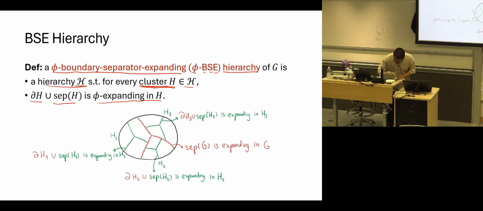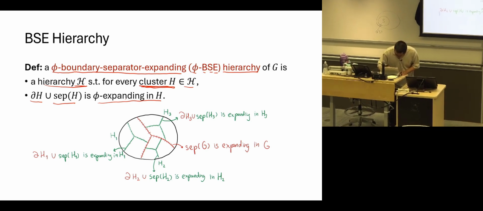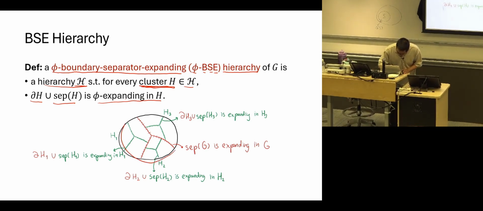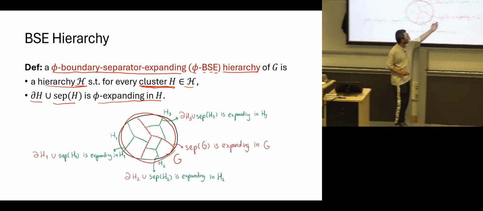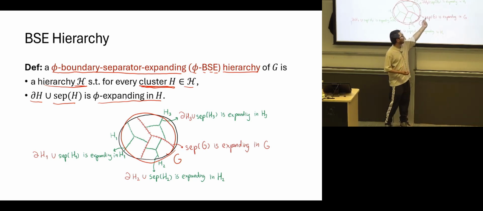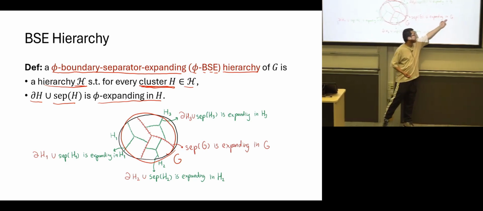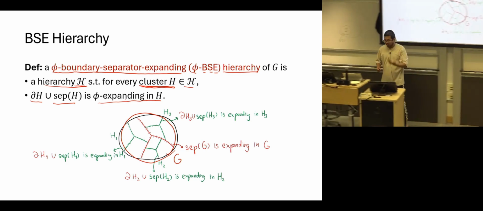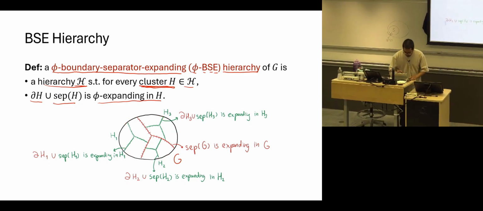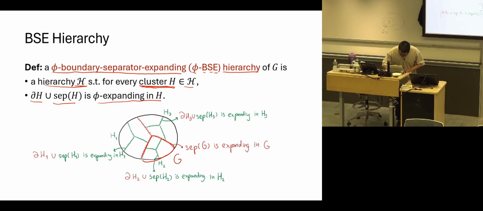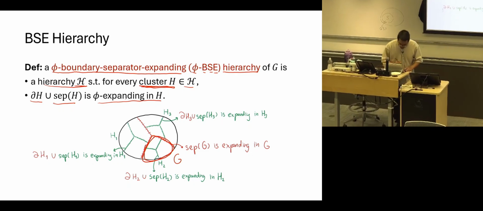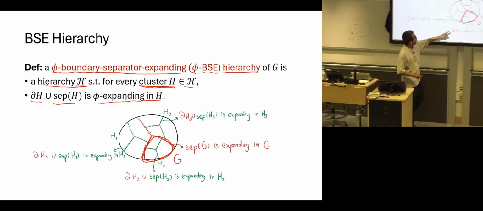For example, in the root cluster, which is the whole graph G, there is no boundary, so it's just said that the separator of G is expanding in G. But for the children cluster, after you separate this thing, you get the children here. Then this is H2.